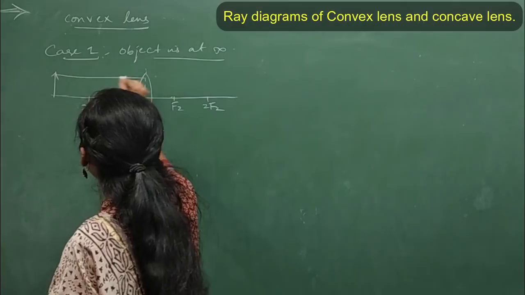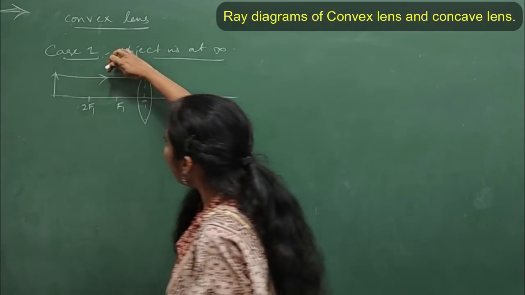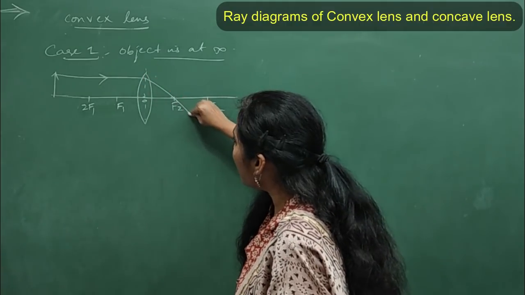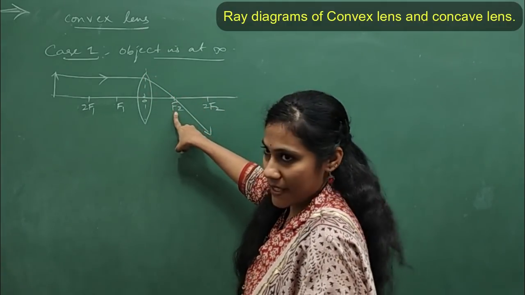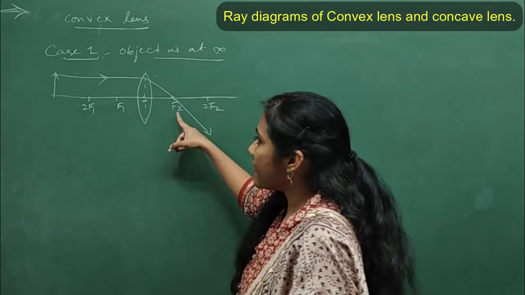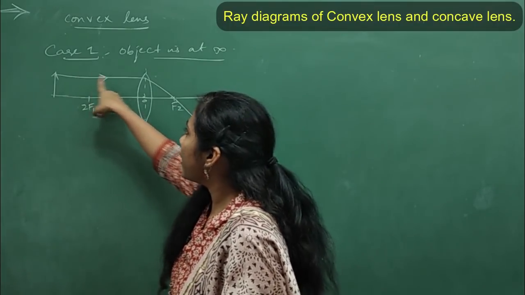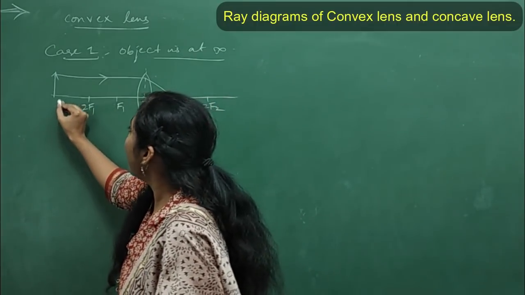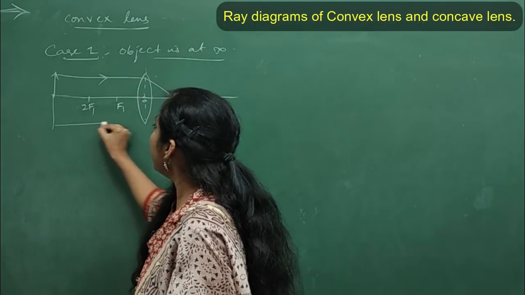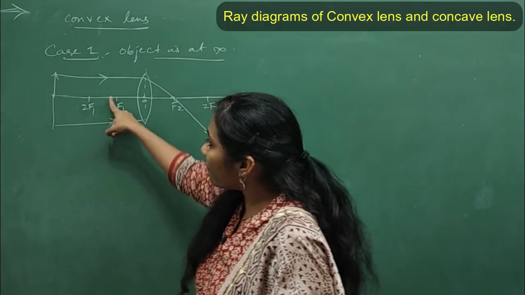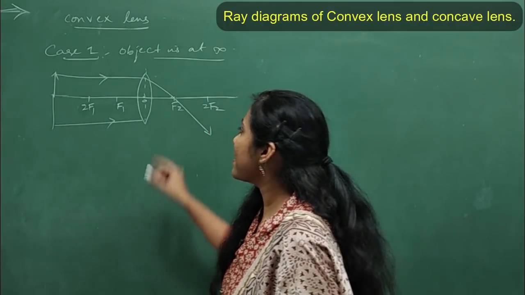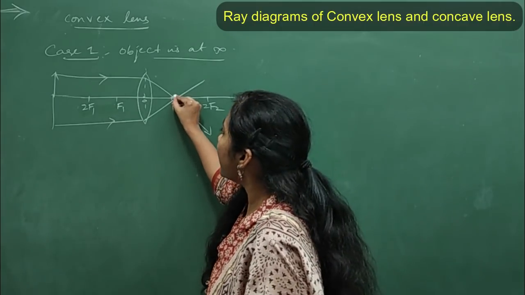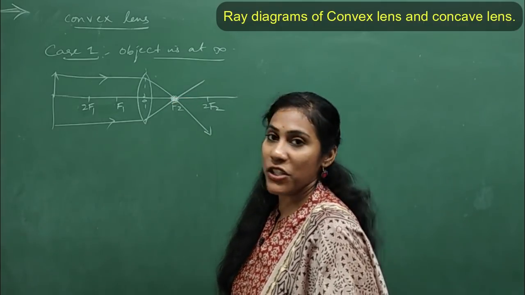Okay, so if my object is placed at infinity, what you have to do, you should take an incident ray which is parallel to the principal axis. Always a ray which is parallel to the principal axis will move through the principal focus. Here this is a converging lens, so the refracted ray is moving through f2, and I'll take another incident ray which is parallel to the principal axis. So this ray also would move on to f2. So here is where our image formation takes place.